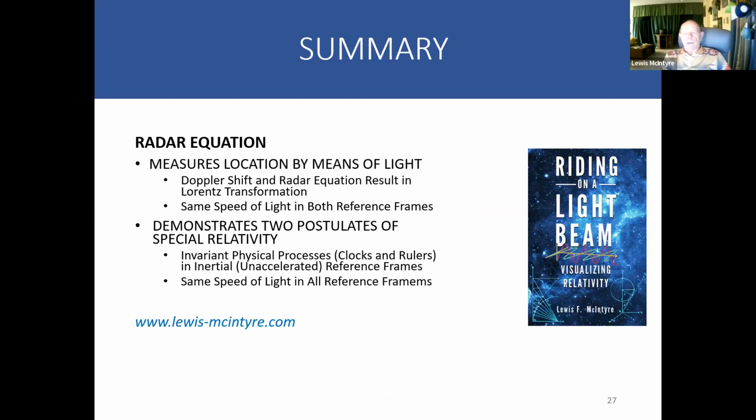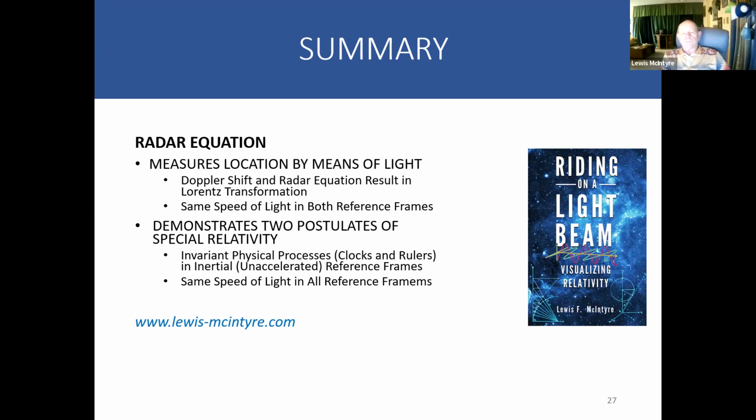So in summary, the radar equation uses light to locate an object in the radar's space and time. Velocity need not be known, but can be determined by two successive measurements. Applying the Doppler shift to the radar equations yields the Lorentz transform. The graphic solution demonstrates the two postulates of the special theory.